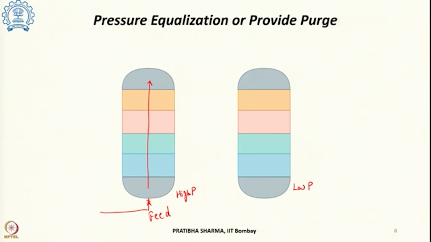Now, since there is a pressure difference between the two beds, this bed is connected to another bed which is at a lower pressure. The pressure is not reduced to the low pressure, rather it remains at an intermediate pressure, and in this way the hydrogen can be transferred to the other bed in a counter current direction.